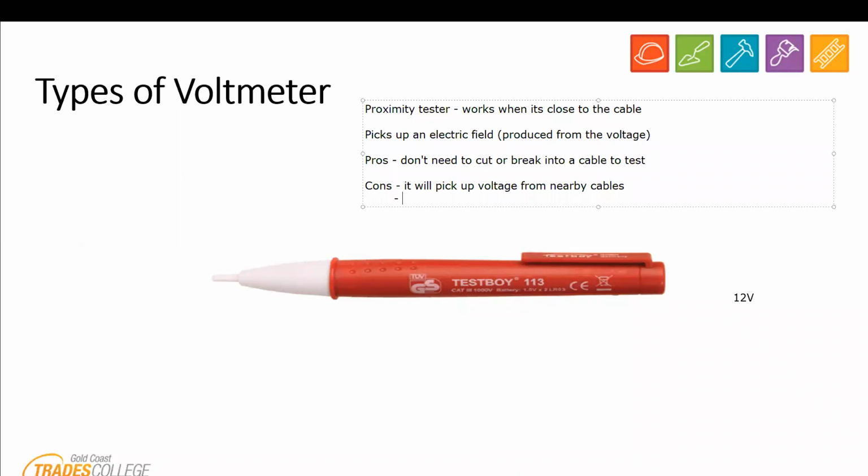They all have the same con in that they don't show the amount of voltage present. Obviously with a voltmeter with a digital display, you'd be able to see if it's 230 volts or 12 volts or something like that. These just tell you if it's there or not. They don't tell you how much there is, so that is obviously quite a big negative side to that.